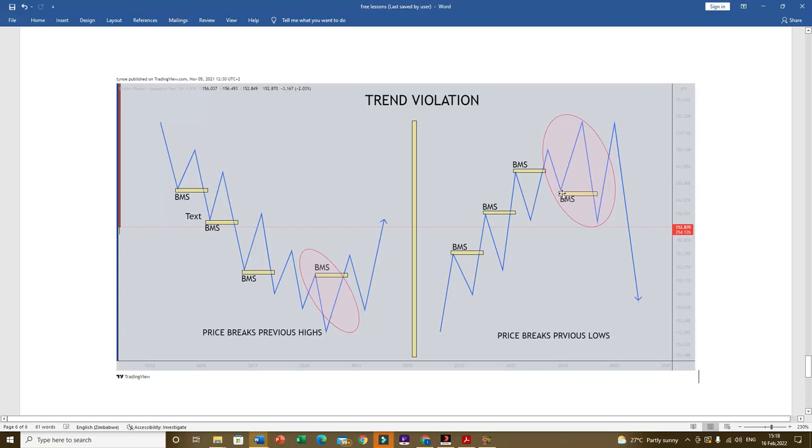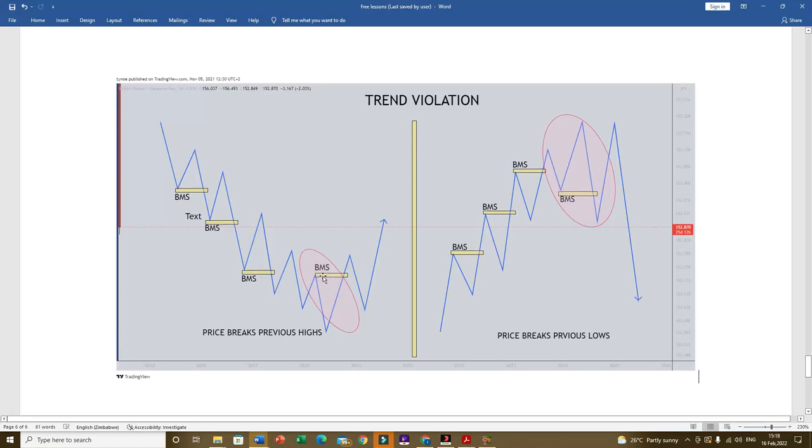So after this break, we see there is a shift in BMS. When we were in the uptrend, our BMSs were happening outside of the wave like this. But the moment we break this low, we now have a BMS inside the structure, and now our trend is reversing.